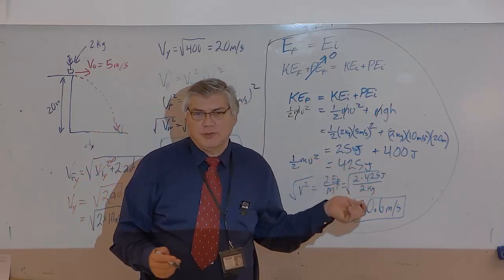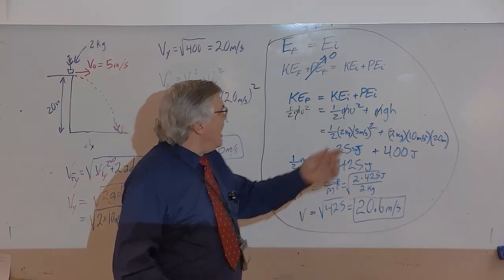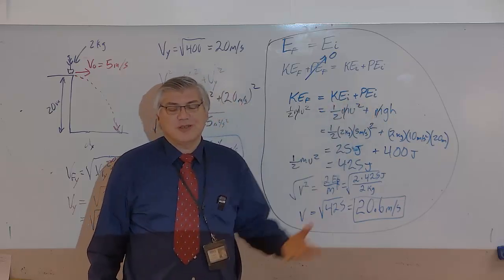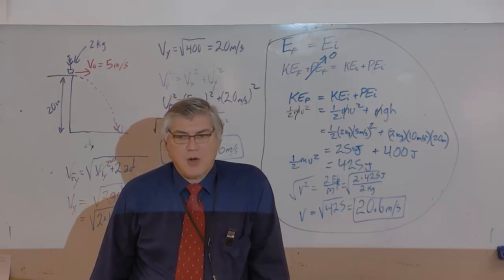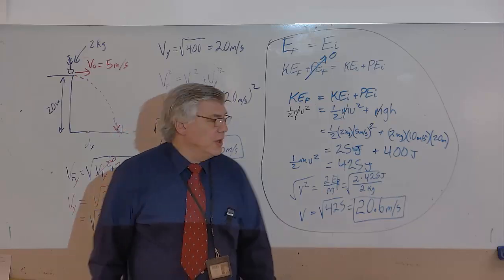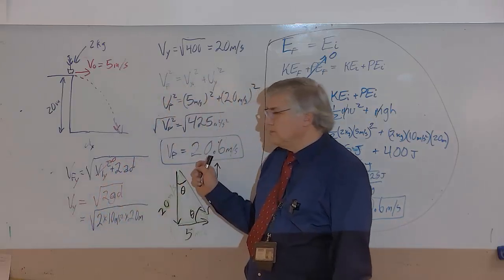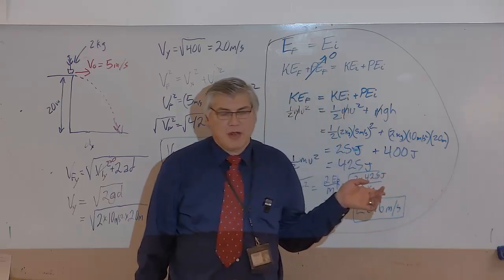Okay? It certainly has a direction, but because it came from this energy equation, which does not have any kind of direction, I can't really assign a direction to it. But if I'm just looking for this velocity, either way gets it. And energy means I don't have to use Pythagorean theorem.